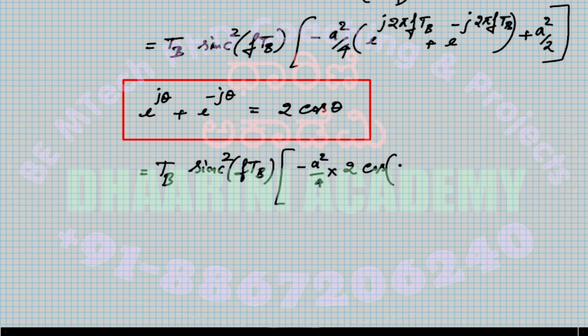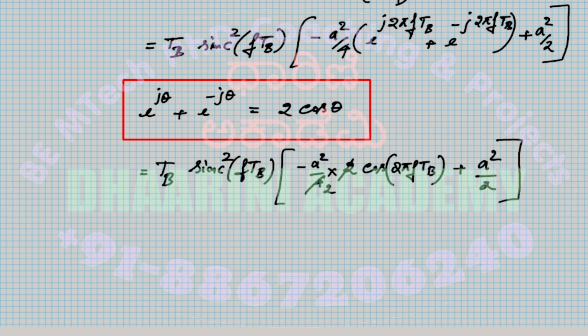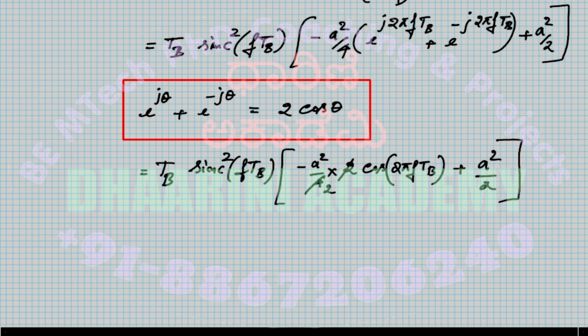So now once again I can observe that this A square by 2 and this A square by 2 are common. Whenever I have a common thing, I will try to take it out. All right, so this is equal to A square Tb by 2. So the A square by 2, I'll take it out, into the sinc square of f into Tb, right?